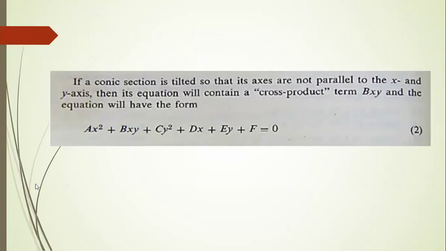All right. So it says here, if a conic section is tilted so that its axes are not parallel to the x and y axis, then its equation will contain a cross product term bxy, and the equation will have the form ax squared plus bxy plus cy squared plus dx plus ey plus f is equal to 0.